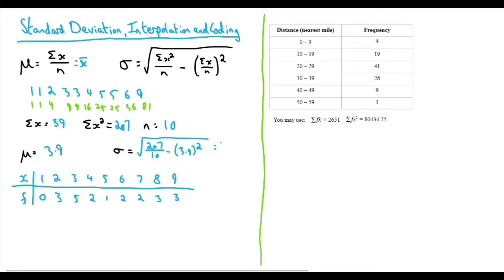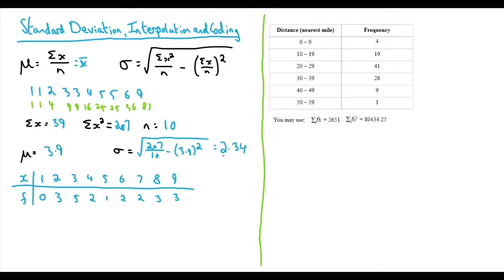This would get you a standard deviation of approximately 2.34. So on average, the average of this data would come out as 3.9, and on average they have a spread of 2.34 relative to each other.